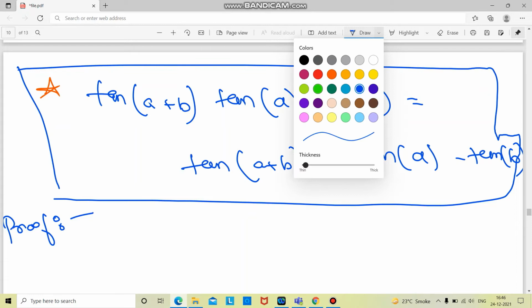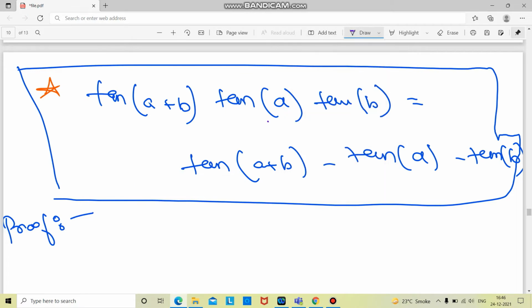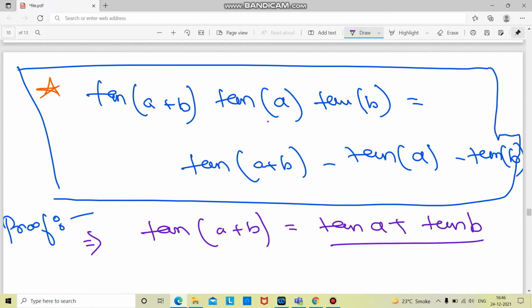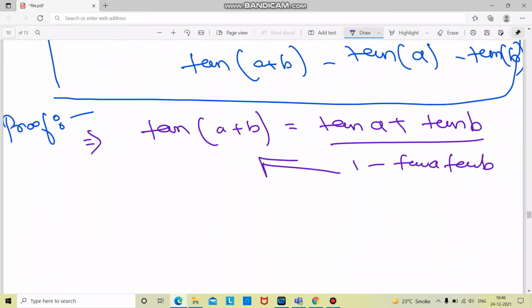Let's see the proof. Tan a plus b is tan a plus tan b by 1 minus tan a tan b.